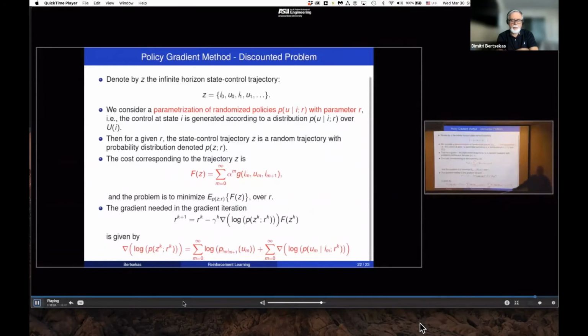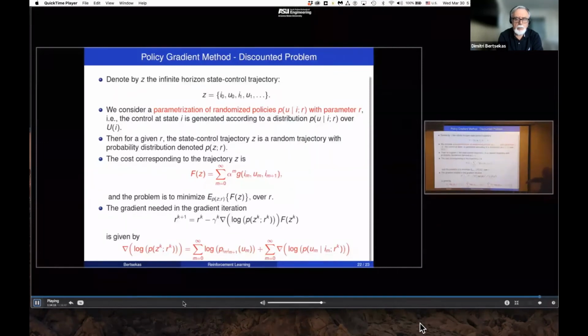Well, it turns out, again, that there's a nice formula, and it's given in red here. Let me read this formula for you. I think you have to look at it for a while before you can understand it. But this involves the logarithm of the transition probabilities along the trajectory, the current trajectory that I generate. This is the logarithm of the randomized control. And we take the gradient of that at the current point R_k along the trajectory.